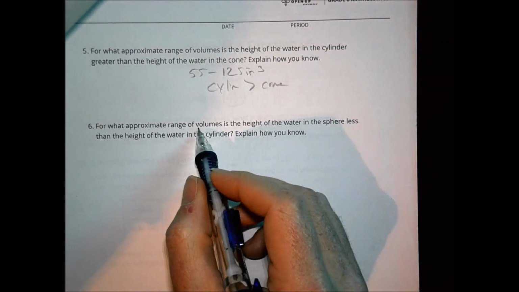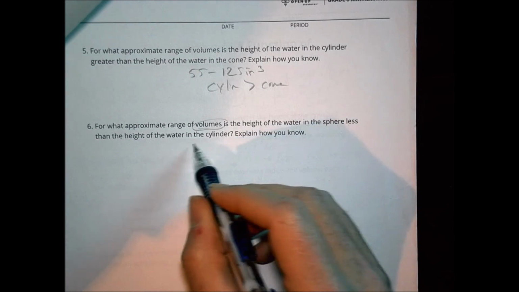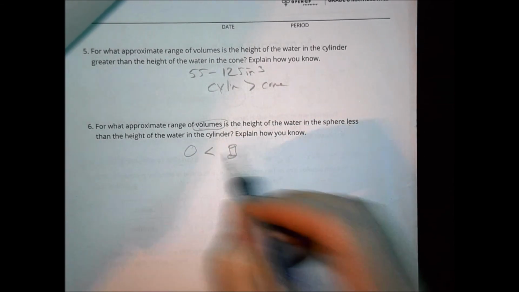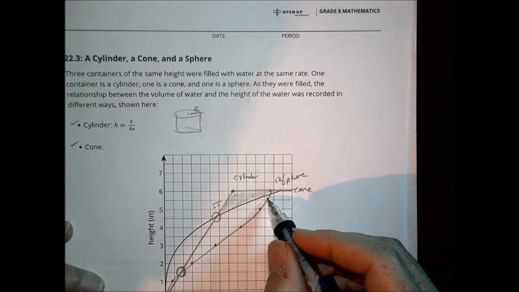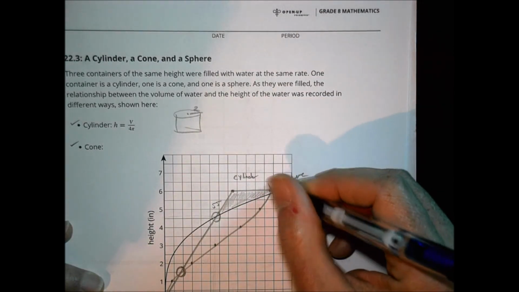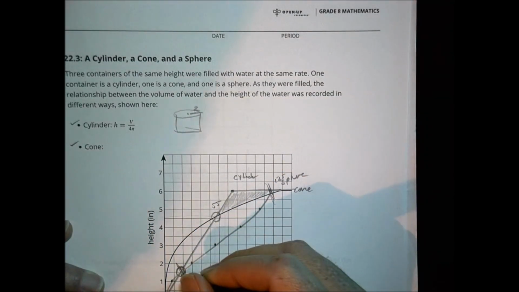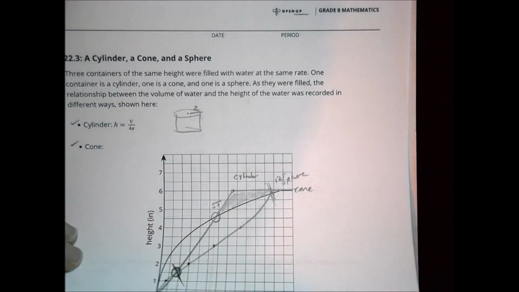And for our last one, for what approximate range of volumes, again volumes, is the height of the water in the sphere less than the height of water in the cylinder? So where is the sphere volume less than the cylinder volume? That's going to be from this point here all the way to there. We said before this was somewhere at about 15 or so, maybe 20, somewhere in that range.